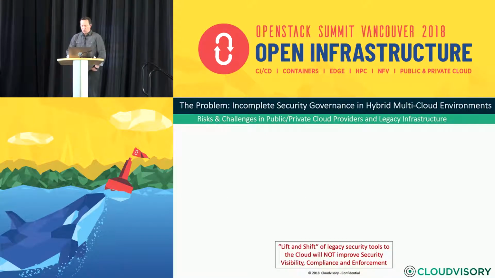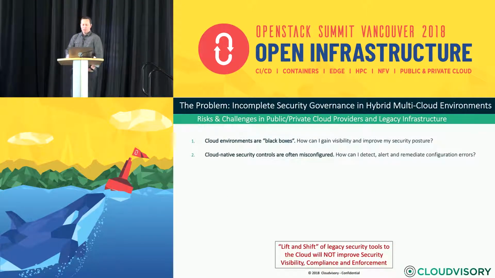So just real quick, let me talk about some of the challenges of the cloud, in particular security challenges. It's a black box environment. You don't have great visibility into it, and that's one of the reasons that you end up in pants down mode a lot of times with the self-service capabilities. So how can you actually gain visibility?